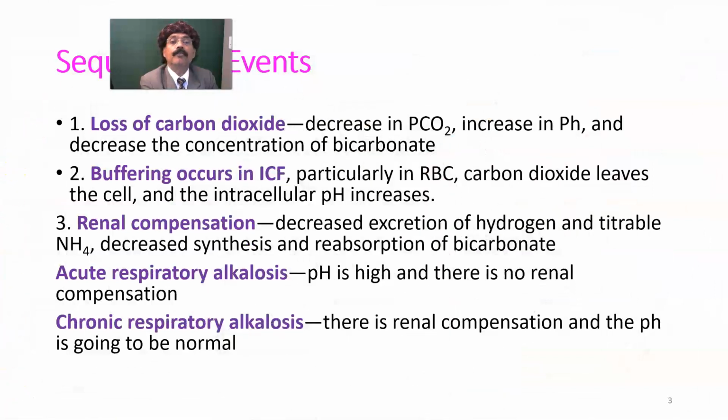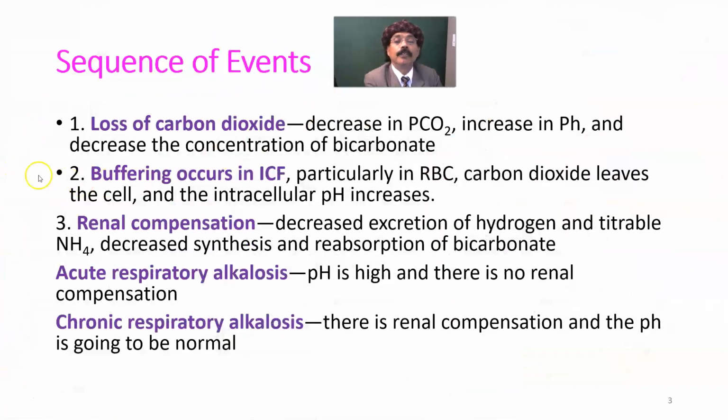What is the sequence of events? Number one, loss of carbon dioxide, mostly because of hyperventilation, decreases the partial pressure of carbon dioxide. There will be an increase in pH and decreased concentration of bicarbonate. Buffering occurs in intracellular fluid, particularly in red blood cells.